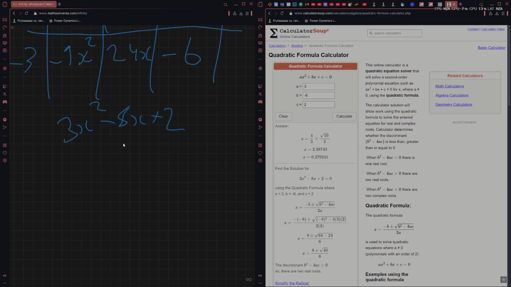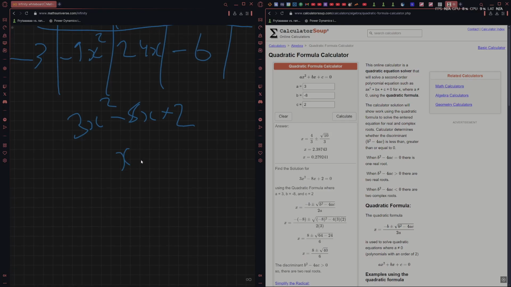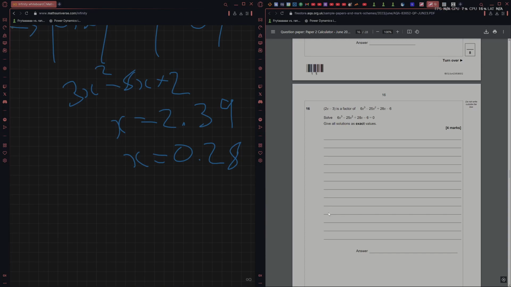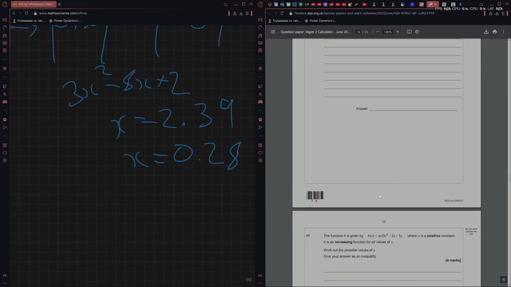These are the two answers. So x equals 2.39 or x equals 0.28. Exact values, I don't know what this means. Oh, I guess it doesn't mean like root 3 over 2, right, that makes sense.